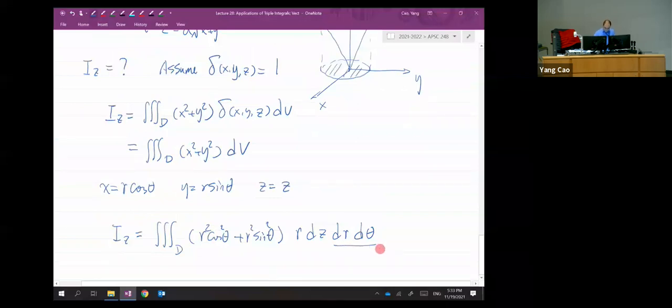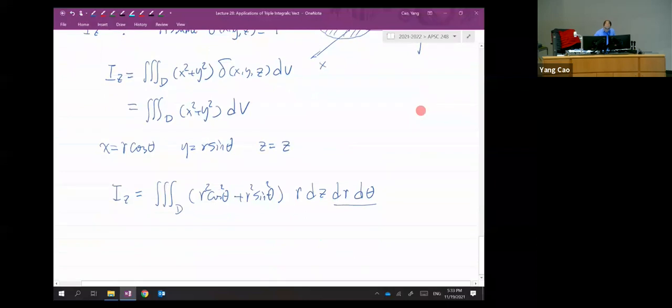First of all, simplify the term inside the bracket, and that becomes r squared, and then times r, which is r cubed. So we'll just write r cubed here, with dz dr d theta. So I have the limits to figure out here.